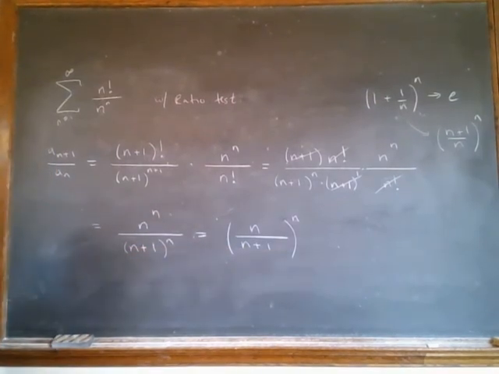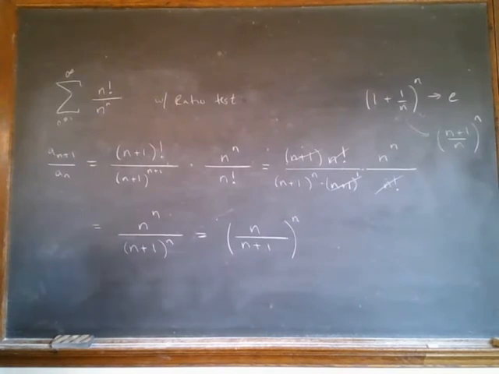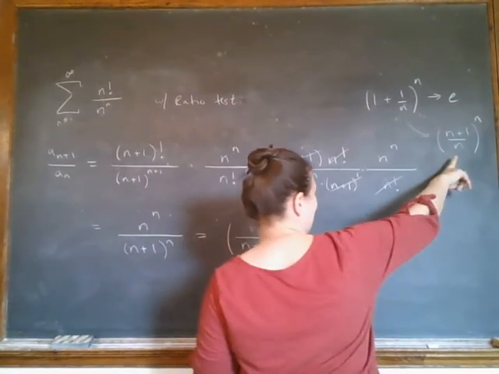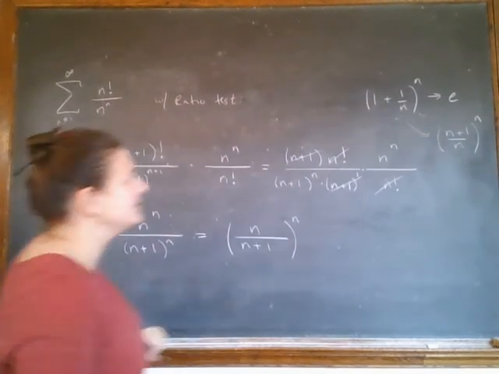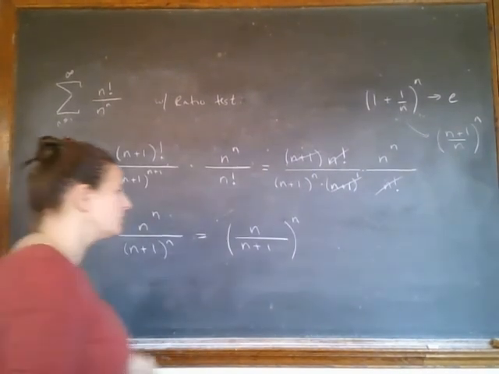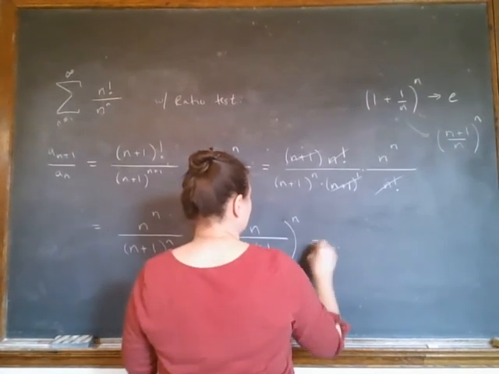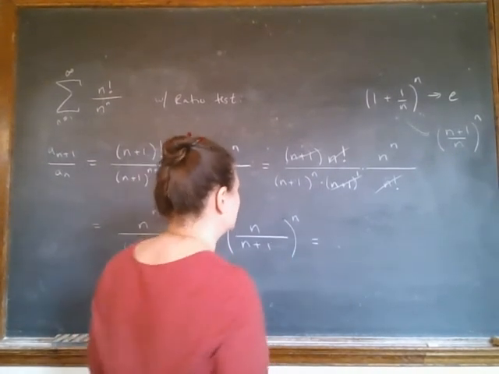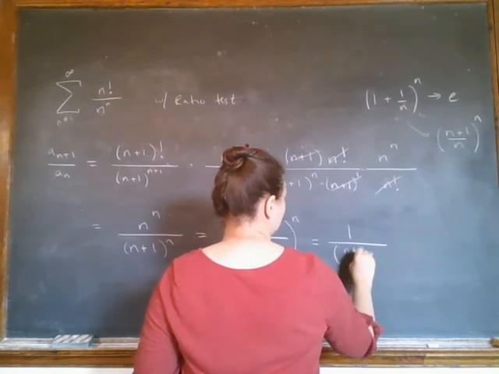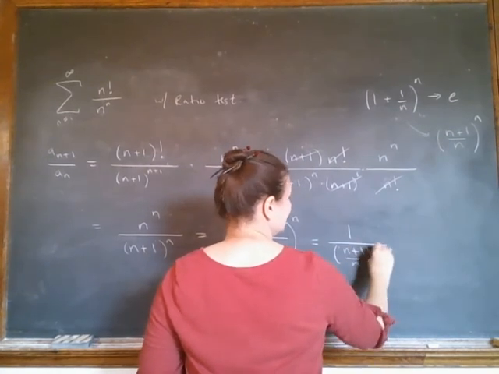So I can be pretty clever with this, knowing that these two things are very similar, but one is the reciprocal of the other. What I really want to do here is write this as 1 over (n+1 over n) to the n.